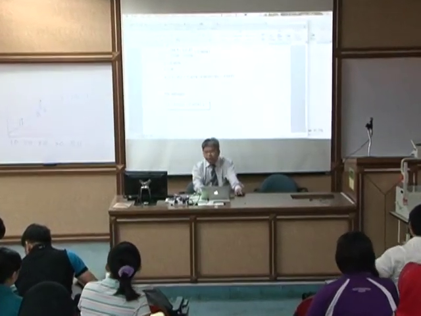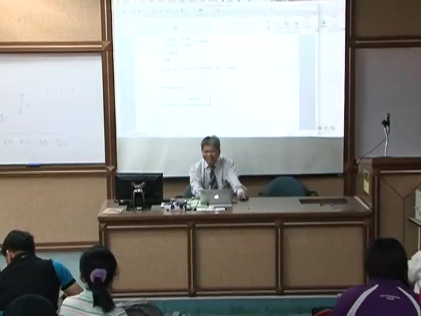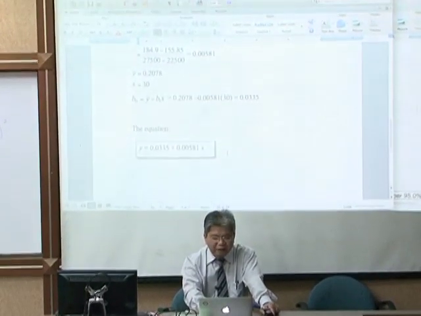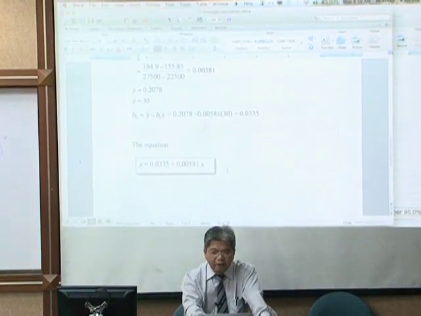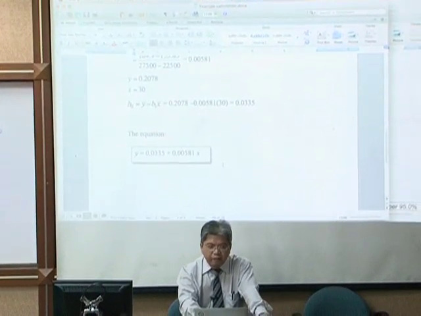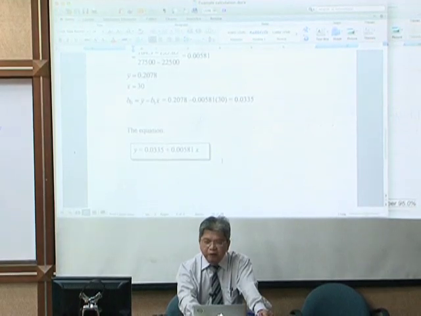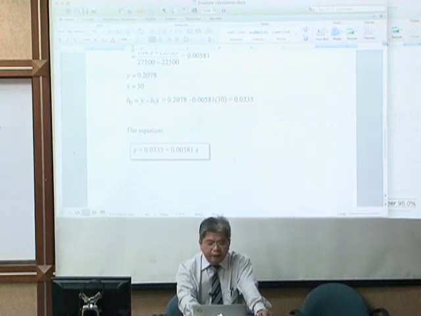And this is the equation. This is the simplest equation that we can get using a regression equation. Maybe tomorrow you should bring your laptop so that we can do the exercise using Excel, either tomorrow or next week.